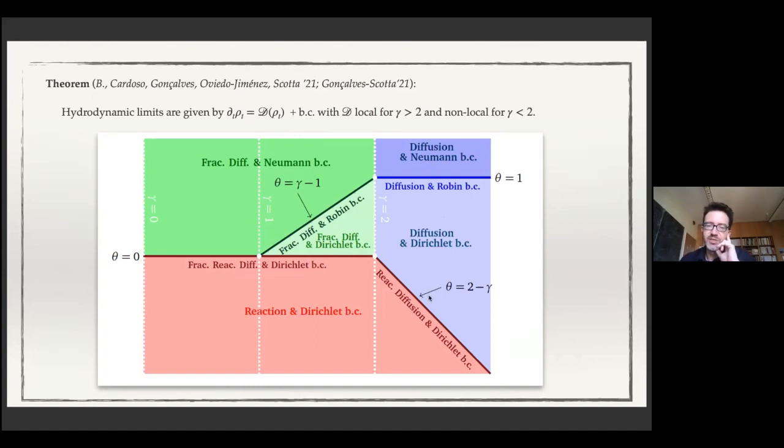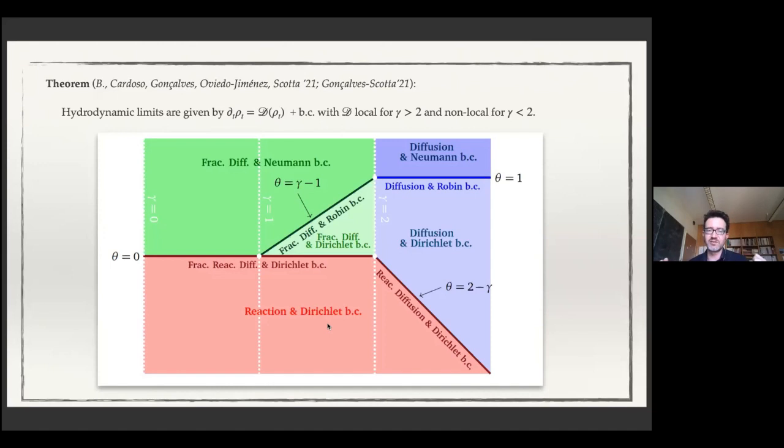Okay, there is also some regime where theta is very negative, in which you have some reaction diffusion and Dirichlet boundary condition here, and here just some reaction term. And this reaction term, in fact, is due to the fact that I have some reservoirs which are injecting particles everywhere in the bulk. So if theta is very negative, it means that the reservoirs are very strong.